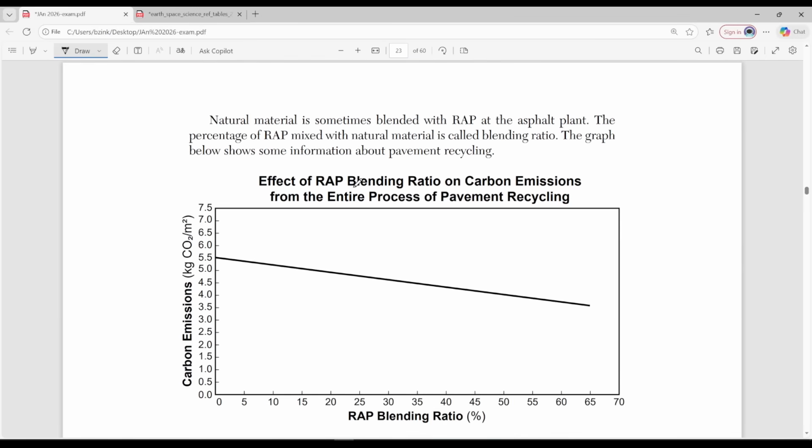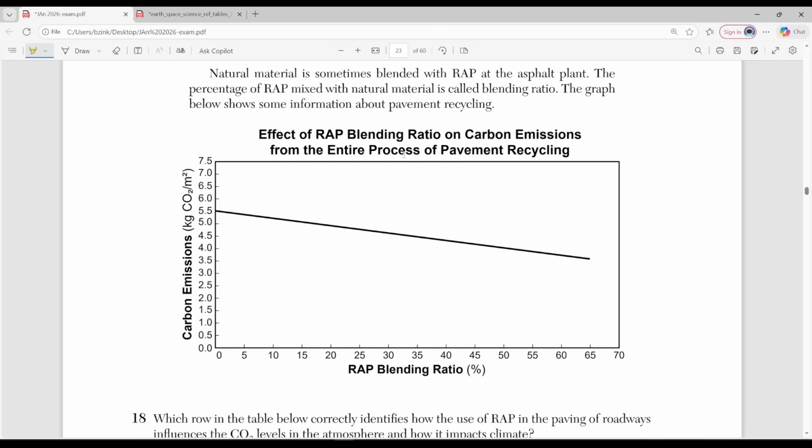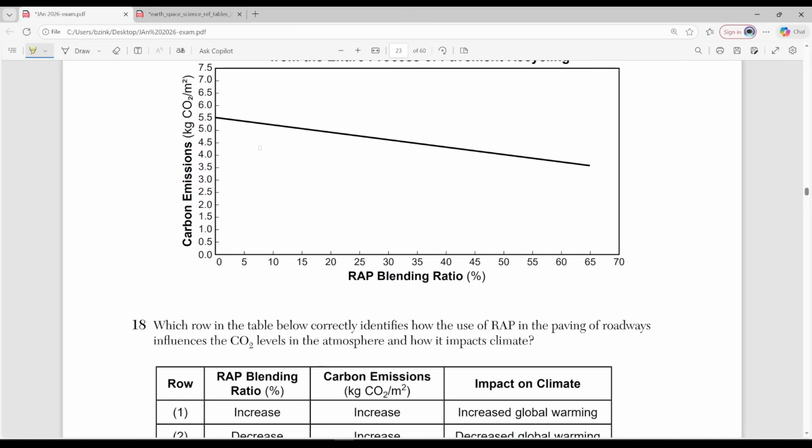It's annoying. All right, natural material is sometimes blended with RAP at asphalt plant. Okay, we got a blending ratio, percentage mixed with natural material, and we have some information about recycling. Which row? Okay, so basically the more the ratio is, the lower carbon emission.